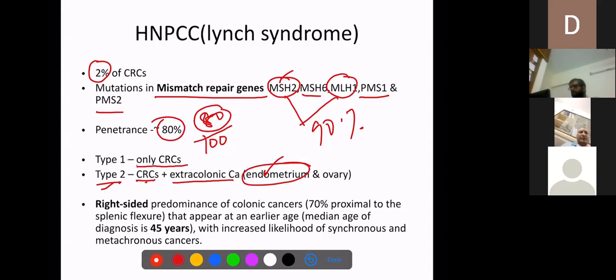There is right-sided predominance of colonic cancers; 70% are proximal to the splenic flexure. In HNPCC, most tumors develop proximal to the splenic flexure and appear at an early age, a median of 45 years.